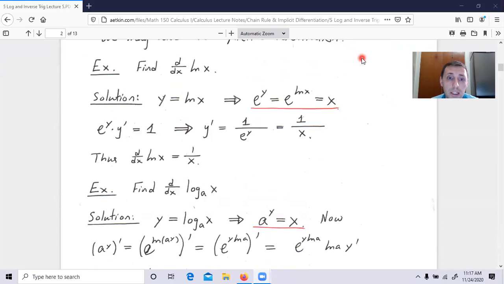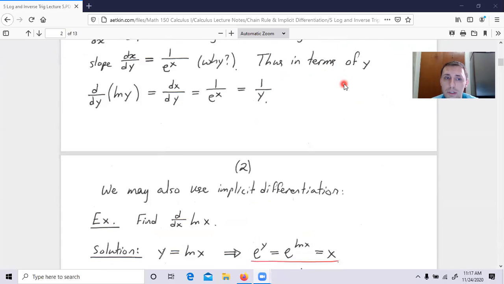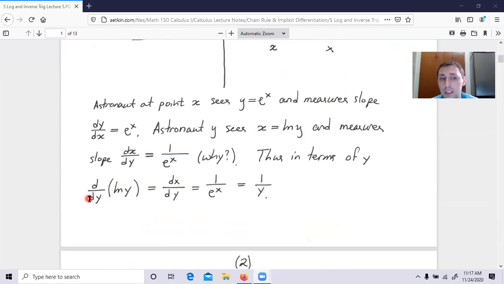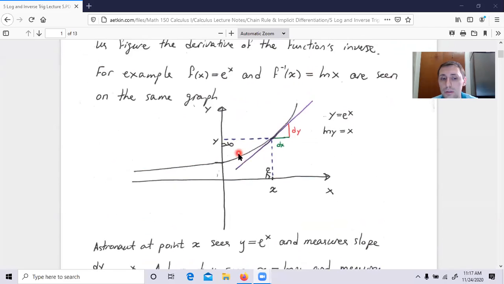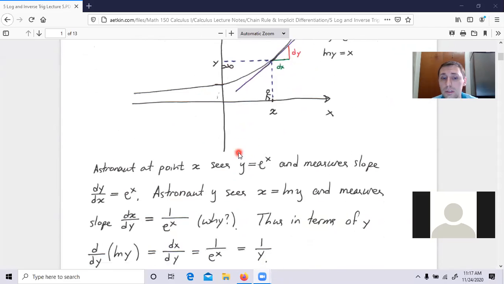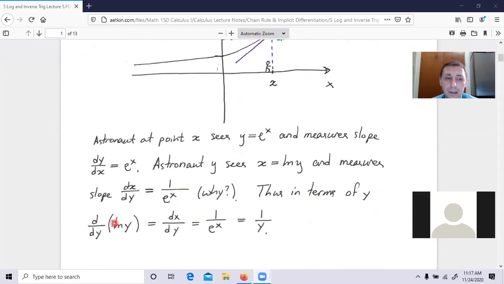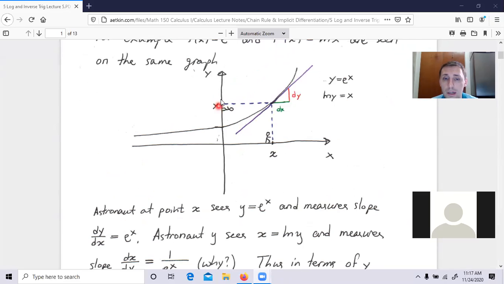Yes, Alex, e to the power of x equals y in that calculation. You see, I just calculated d dy of ln y. So dy dx is e to the x, and measuring on the y-axis, I calculate just the reciprocal.